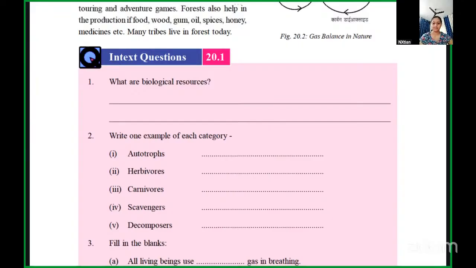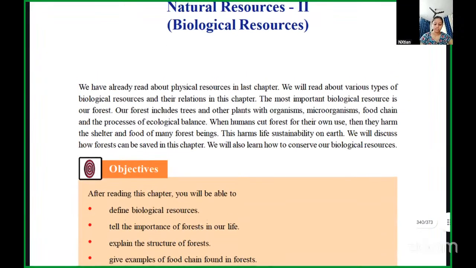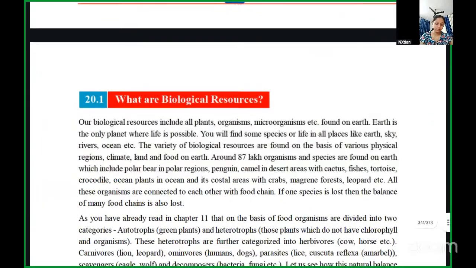Biological resources are those resources that are given to us by life, such as animals and humans. Those resources, such as forests, trees, plants, organisms, microorganisms, all of these are biological resources.